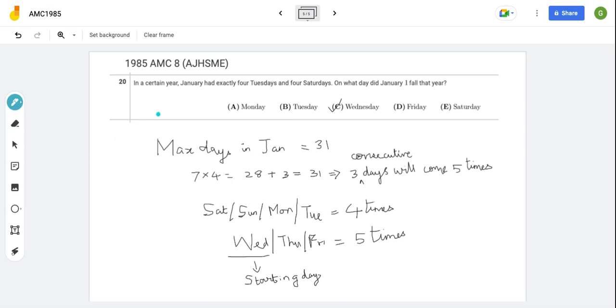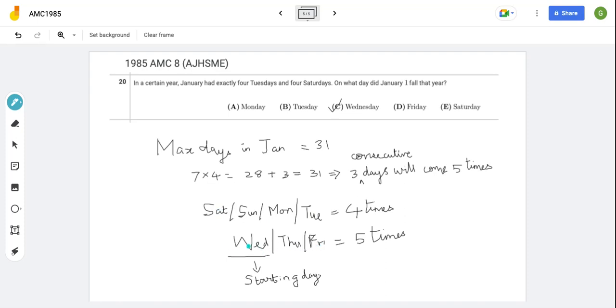Okay, so which are the 3 consecutive days that can come 5 times, based on what is given in the problem? It says we have 4 Tuesdays and 4 Saturdays. So Saturday, Sunday, Monday and Tuesday are going to come 4 times. And Wednesday, Thursday and Friday are going to come 5 times, because I already know that Tuesday and Saturday are 4 times, right?